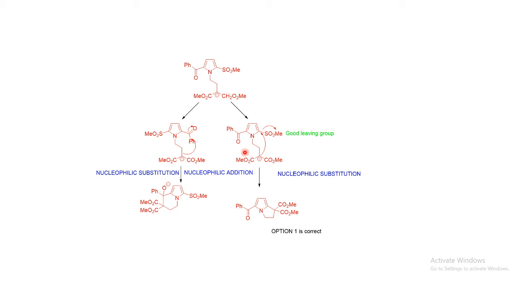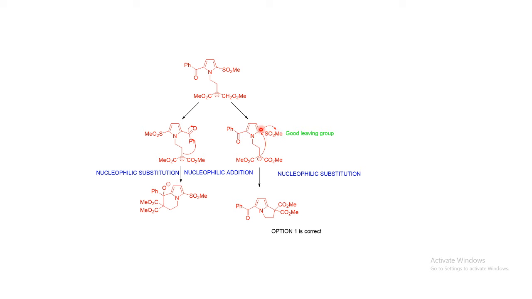So the next possibility is the nucleophile can attack this carbon. Why? Because you see this carbon is attached to a methyl group. This methyl, tosyl, these are very good leaving groups. So if this enolate or the nucleophile attacks this carbon, this methyl group can leave very easily.